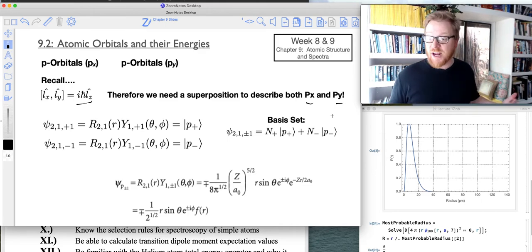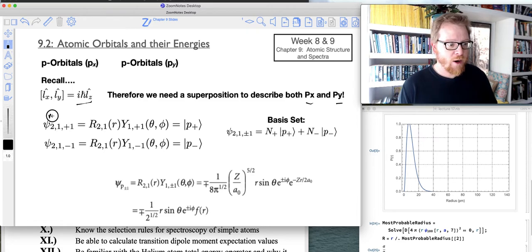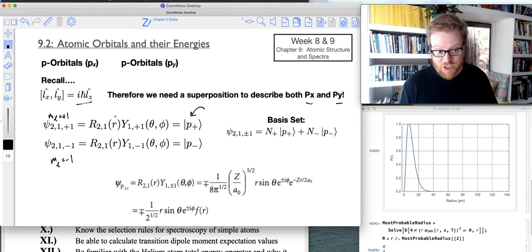And here's how we create that superposition, okay? So we're going to look at the psi 2, 1, plus 1, right, where ML equals plus 1, and the psi 2, 1, minus 1, here where ML equals minus 1. Okay, and if you follow through our nomenclature, right, that's R21, Y1 plus 1. And that's typically referred to as the P plus wave function, right? Check out the nomenclature.